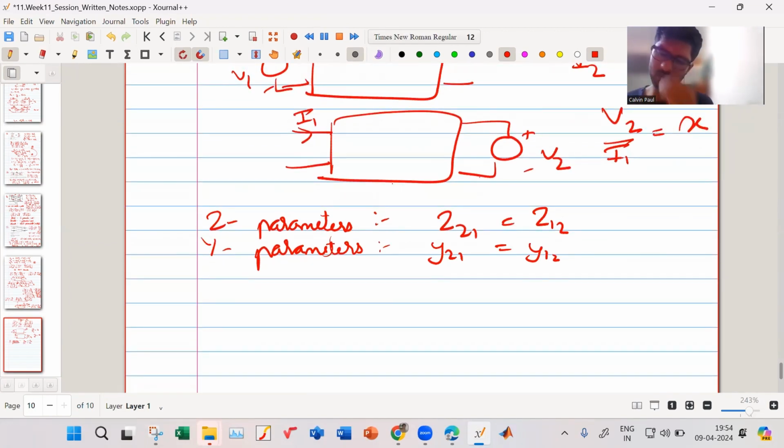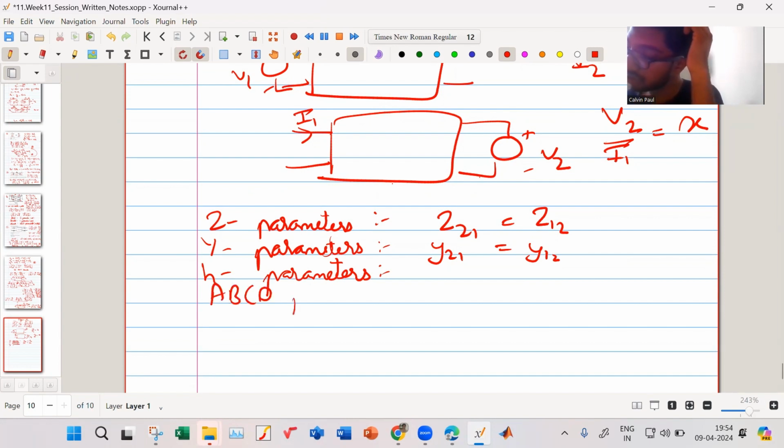For ABCD parameters and H parameters, I have to check. I'm not able to remember the condition for H parameters. For ABCD parameters, it should be AD minus BC equal to 1.